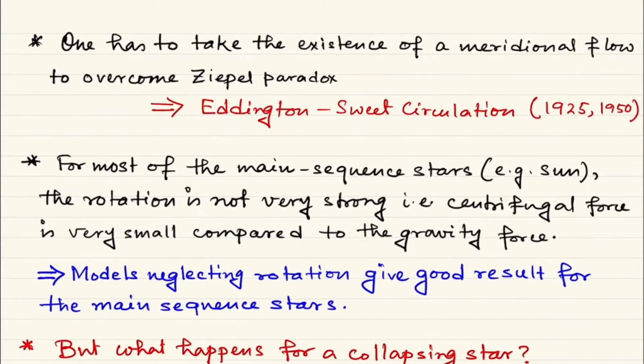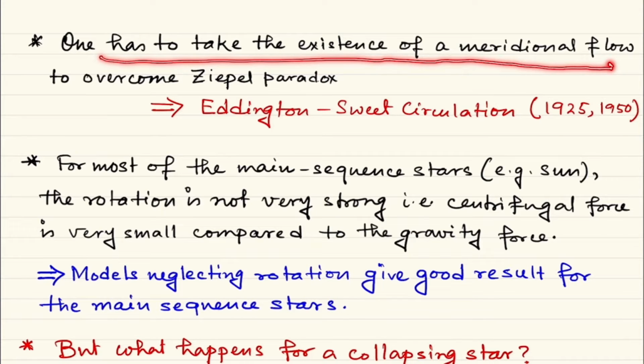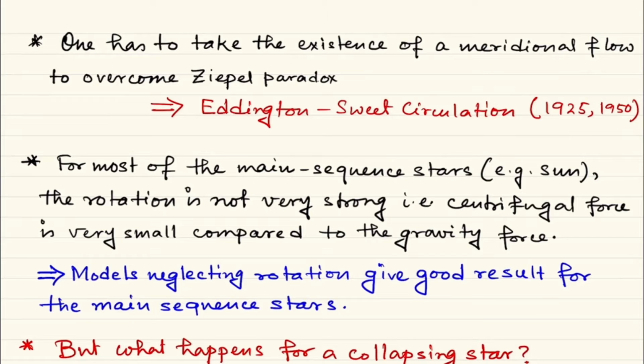So how do we overcome this von Zeipel paradox? One has to take into account the existence of a meridional flow in the interior of the star. That flow changes the hydrodynamic equation and takes part in the force balance, and finally it gives exactly the matching with the radiative flux estimated from the nuclear reactions.